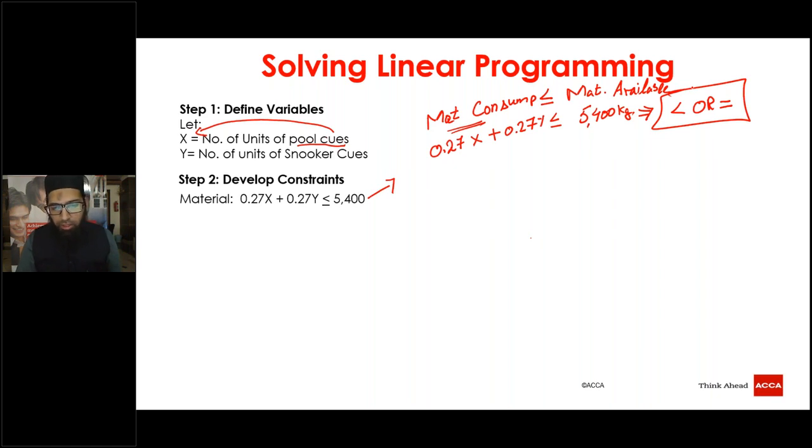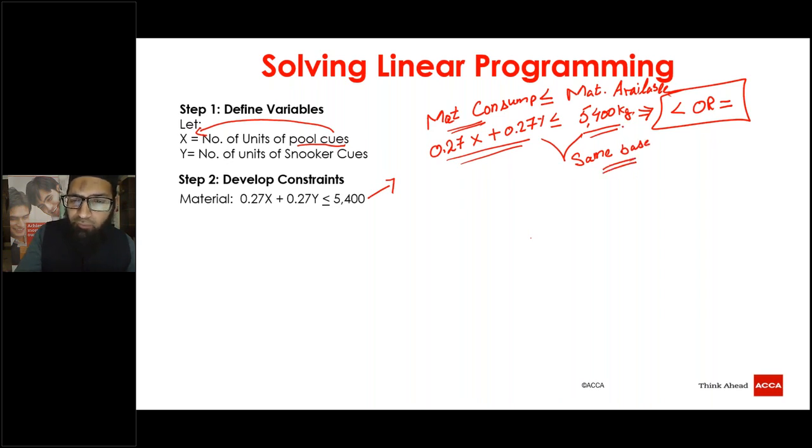Now coming to Iram's question, is it compulsory to convert in kg and why? Dear, it is not necessary to convert my calculation in kg, but we have to remember that my material availability and my material consumption should have the same base.